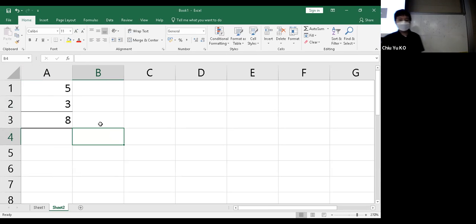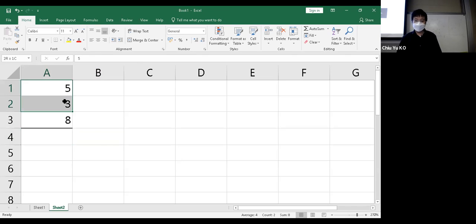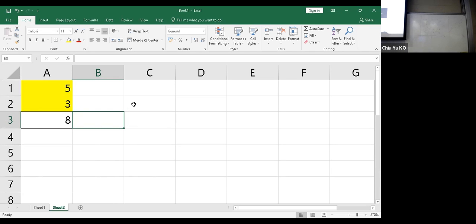One good idea is to color it and use different colors. There are some minor techniques that make your life easier. Otherwise, you don't really know what's data and what's calculation. Sometimes you want to put some description. Although here I have all numbers, usually you can put some description.